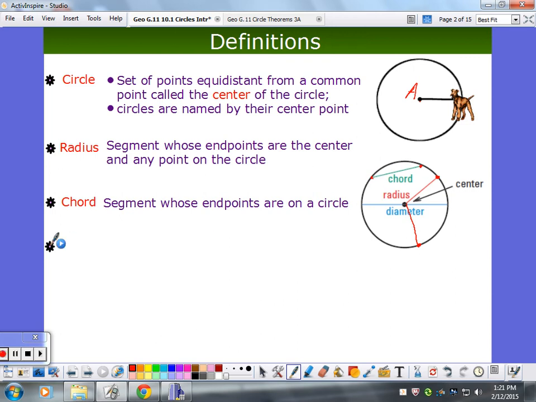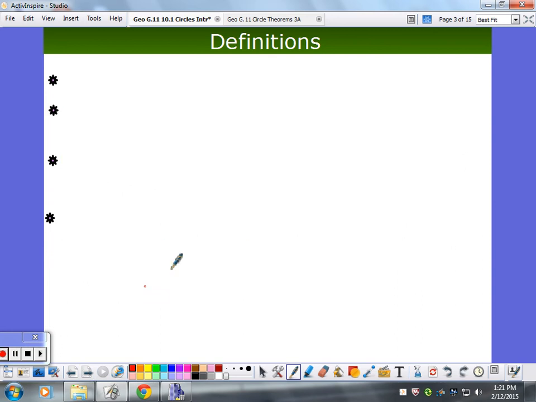A diameter is a special kind of chord: its endpoints are on the circle, but it goes through the center. I know you know what those things are, but the official definitions are: a diameter is a chord that goes through the center, and a radius is a segment whose endpoints are the center and a point on the circle.